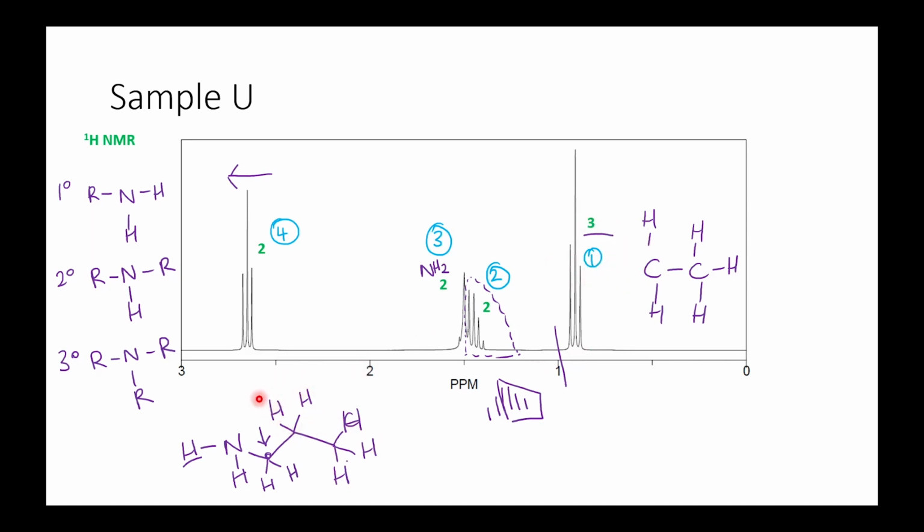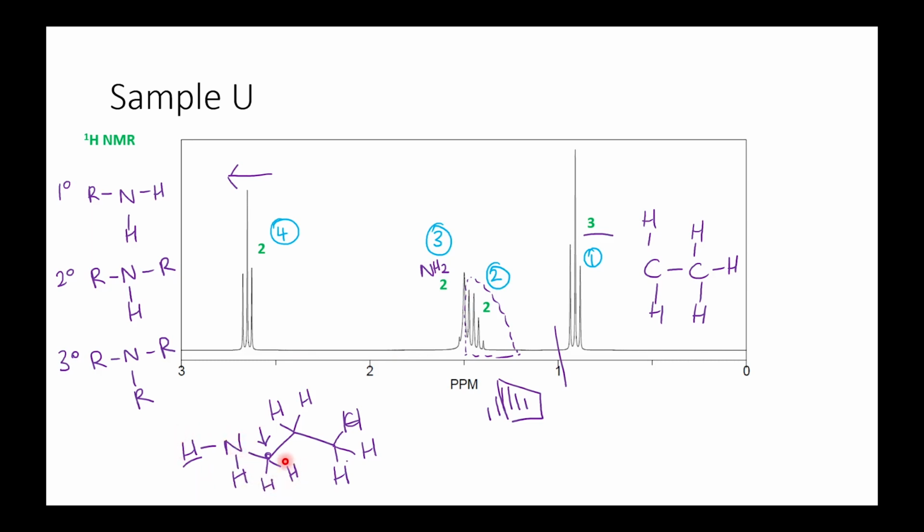This CH2 group here is next to a carbon that has 2 hydrogens attached and a carbon that has 3 hydrogens attached, and so I would expect this to be slightly more upfield than the CH3 signal and to be a sextet, which is what we see for signal number 2. Signal number 3 is nice and broad and integrates for 2, and as we said before, these are the 2 hydrogens on the nitrogen.